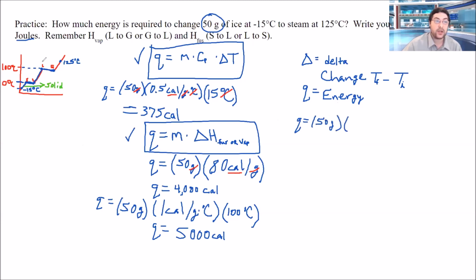And this time we're going to go from a liquid to a gas, which means we're vaporizing. So we need to use the heat of vaporization. That's the bigger number. So that's going to be 540 calories per gram. And then we can plug that into our calculator. So we'll say 50 times 540, and we get 27,000 calories.